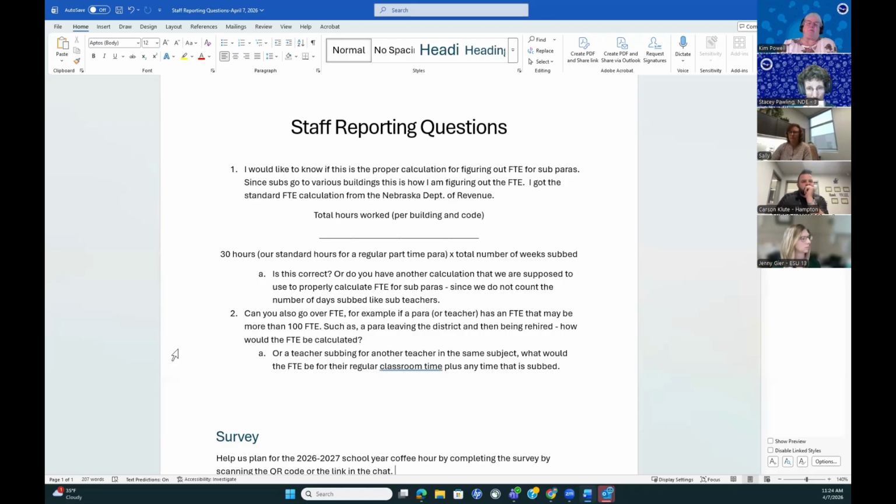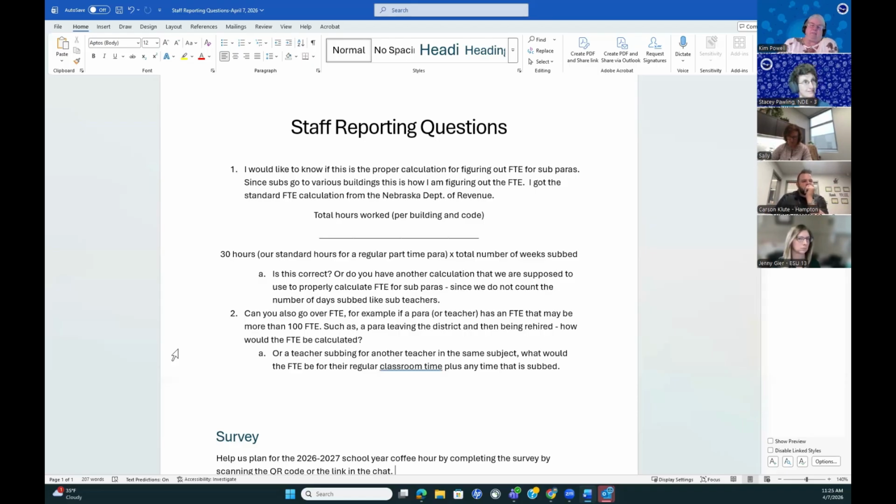But what if they're a substitute para? This is me throwing a spin in here as a way of thinking about it. Even though you didn't plan on them being a para that year, remember, paras are not contracted like teachers. If somebody ends up having a medical issue, or a couple of people do, and you keep calling this para in so they've worked the whole year, the same number of days as your other paras, that would be a full-time para.